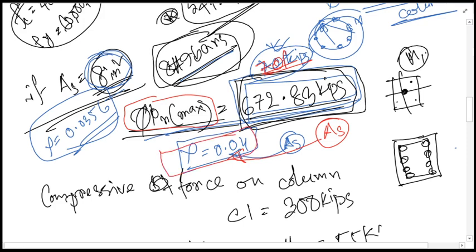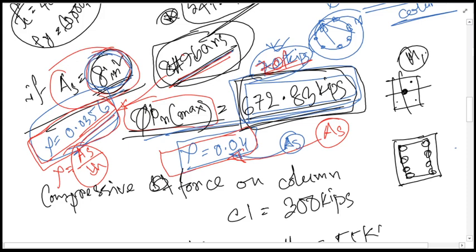We have used in this particular case 8 inch square, that is 8 number 9 bars, which is equivalent to rho equals 0.0356. How you have obtained rho is As by bh. So using this formula, you can find this rho, that is 0.0356, and corresponding to As of 8 inch square, we have obtained the strength of the concentric column, that is 672.83 kips.